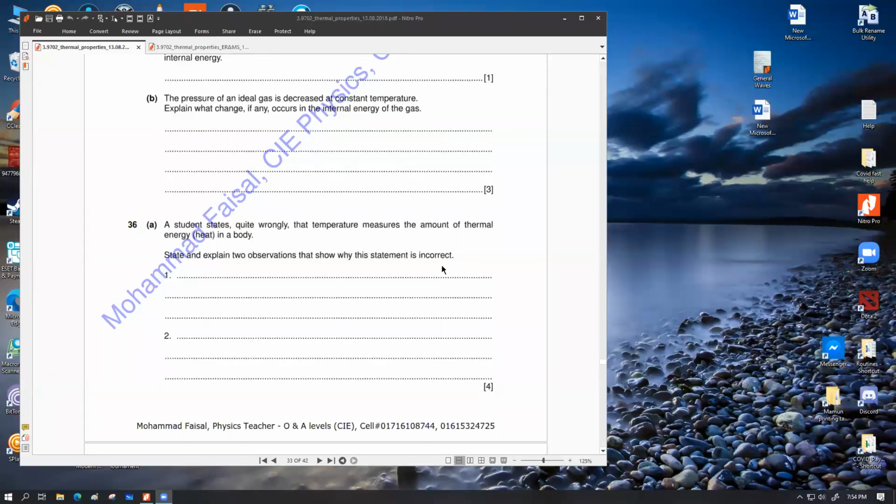So if you have two 1 kg objects both made from copper, one maintained at 50 degrees Celsius and the other at 100 degrees Celsius, obviously the 100 degrees Celsius object would have a much bigger heat amount. That's when the other factors are equal. But this is not applicable if you have dissimilar mass, even for the same material.